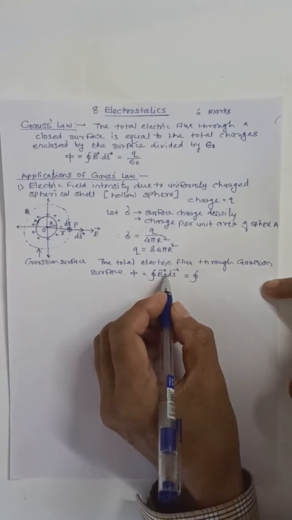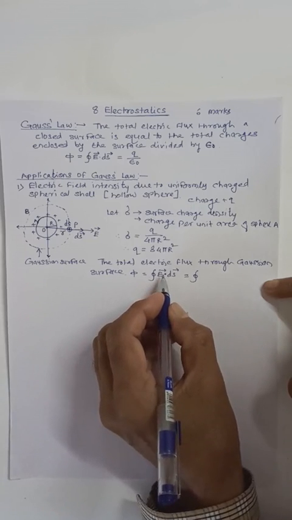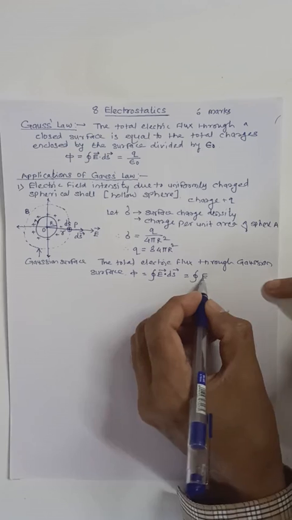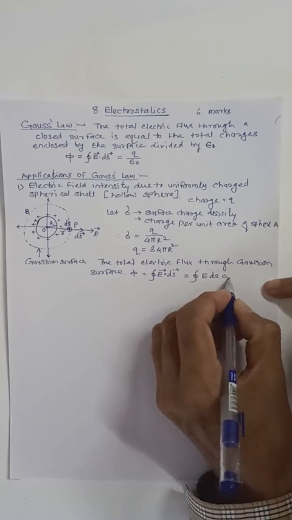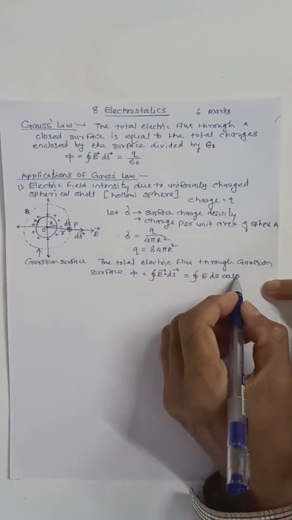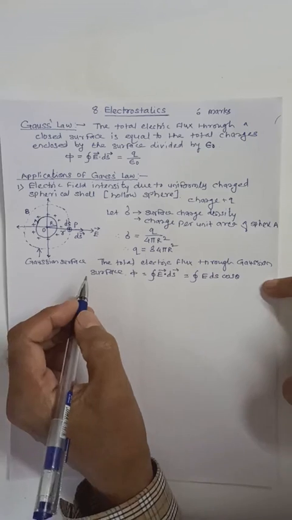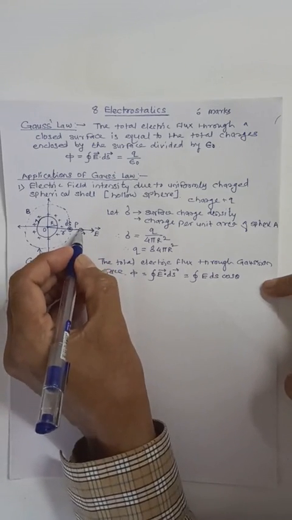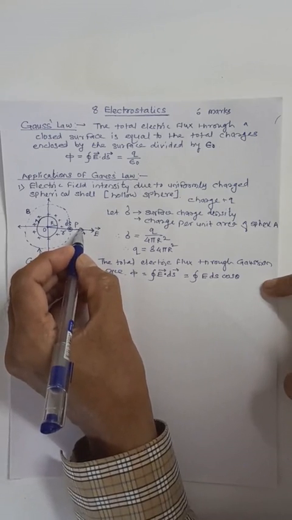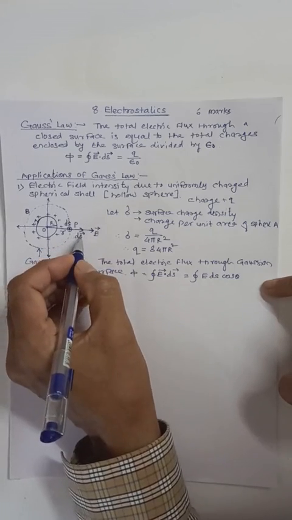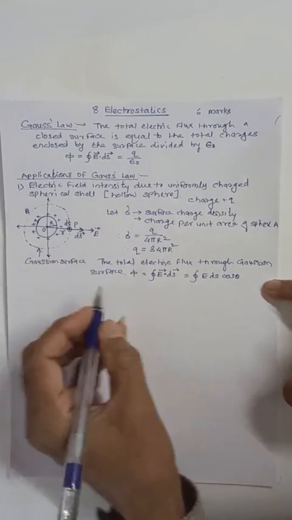If we convert this dot product into its magnitude, then it will be E ds into cos theta, where theta is the angle between the direction of electric intensity and the direction of area vector ds.